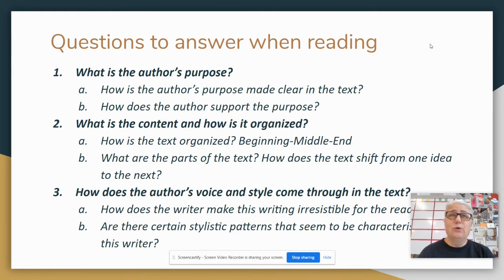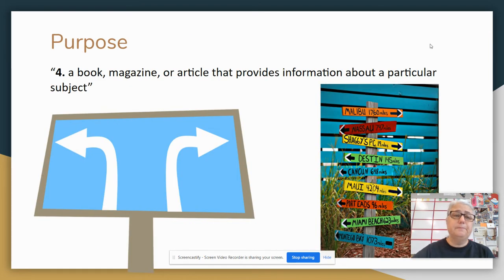So, as you are looking at those habits of mind questions, as you're looking at the text, all of these questions help you to notice what's in the writing, and you should be able to come up with some pretty good observations just using these questions.